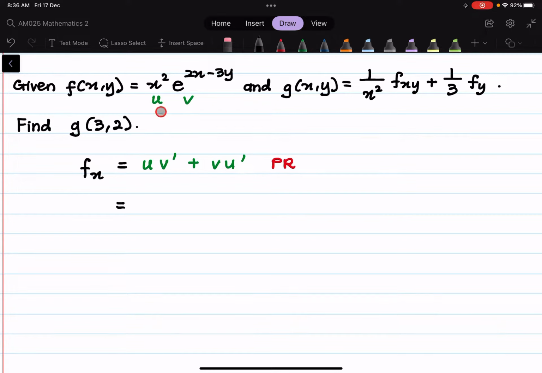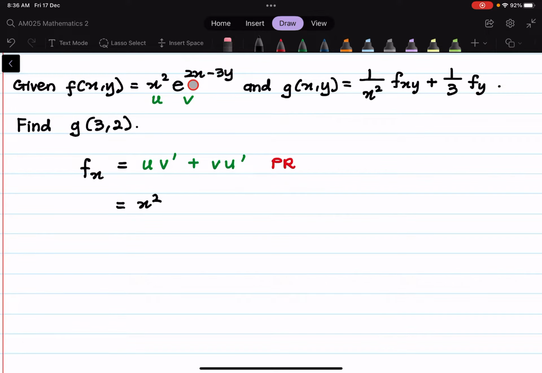So u is x squared and v prime: differentiate 2x minus 3y with respect to x. We're going to get 2.